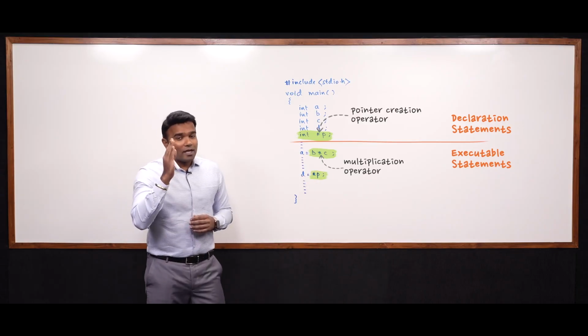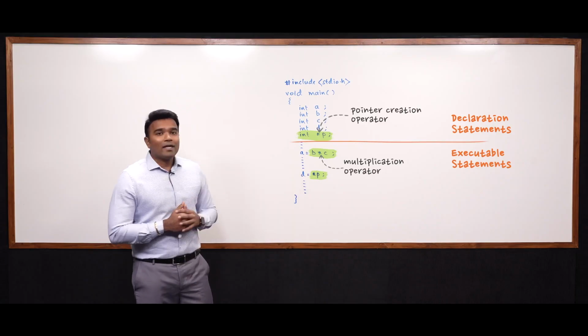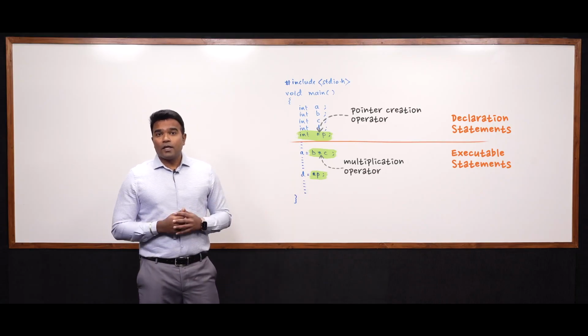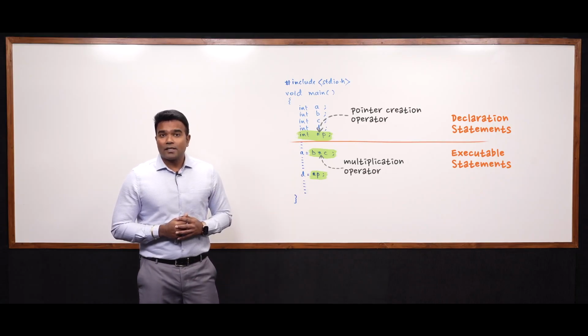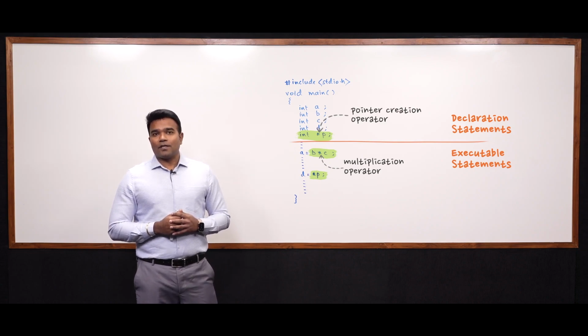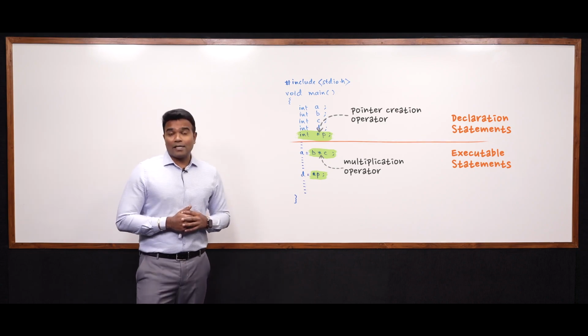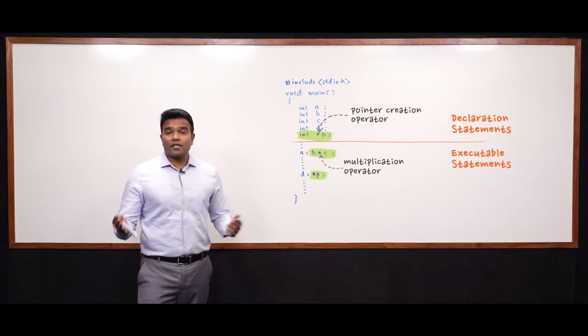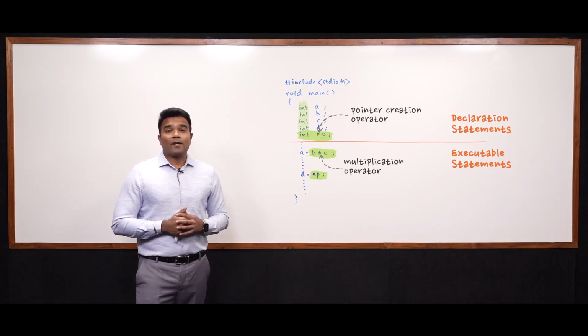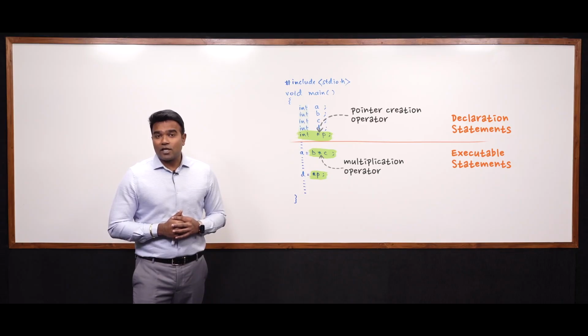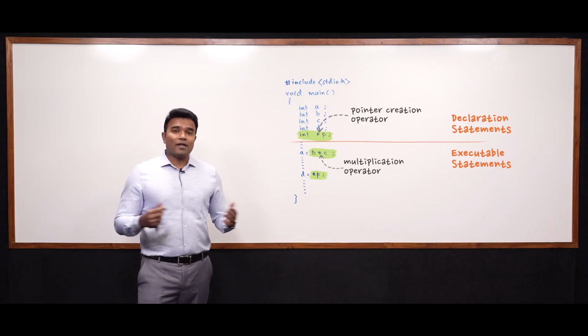Well, watch it carefully. Any program can be divided into two parts: the executable statements and the declaration statements. Declaration statements, as you can notice, would be such statements that begin with a data type, whereas executable statements are such statements which don't begin with the data type.